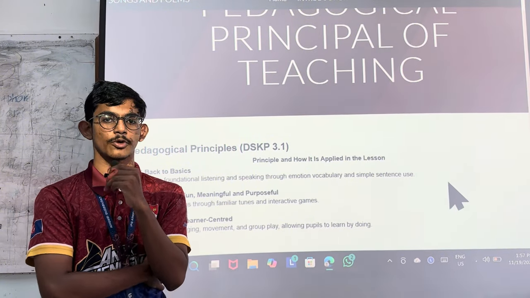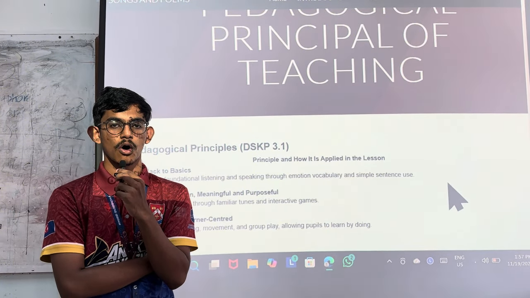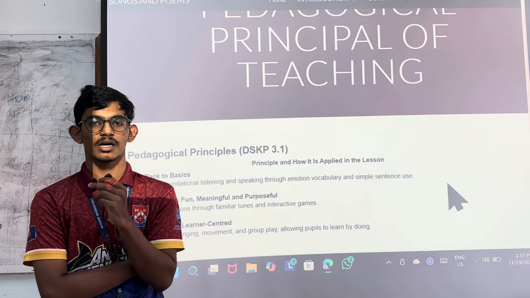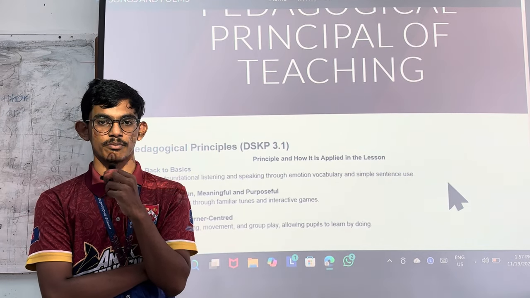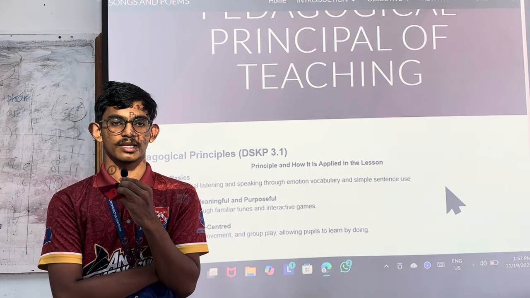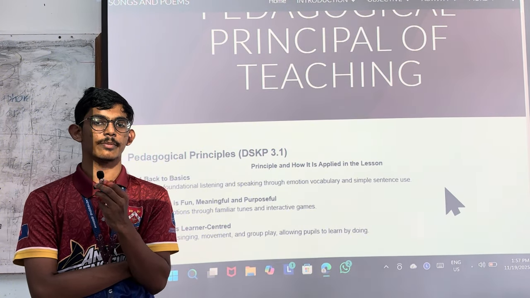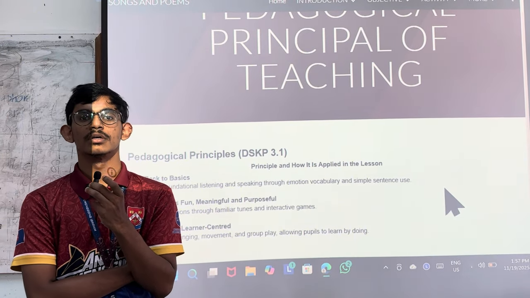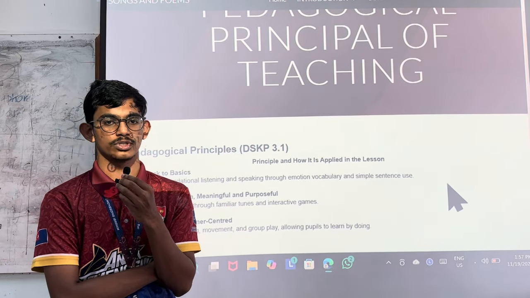The third is communication. All of the activities mentioned are focused on speaking, responding, expressing emotions, and interacting. The fourth is creativity. Pupils use their imagination, acting, and gestures and sound to express emotions.